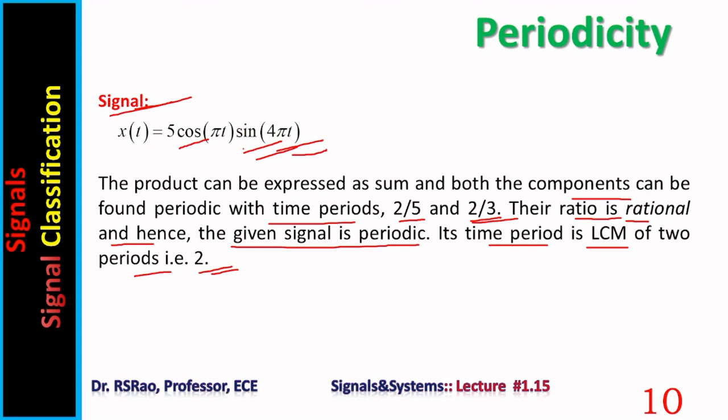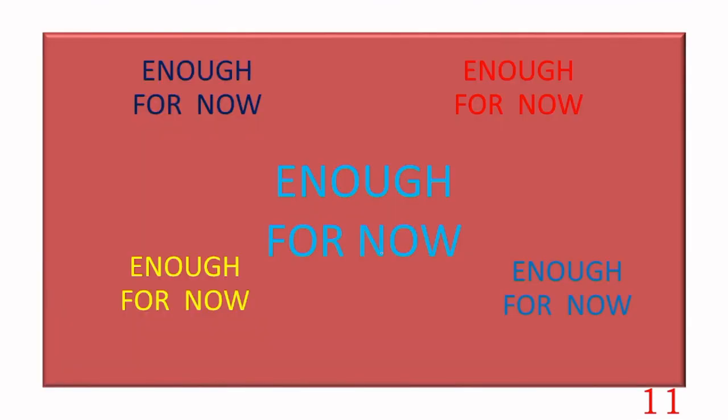Each one then is a periodic function. Their time periods can be calculated. It is found they are 2 by 5 and 2 by 3. Their ratio can be seen as rational, and hence it can be easily said that the given signal is periodic. The time period is the LCM of the two periods, which is equal to 2 in the present case.